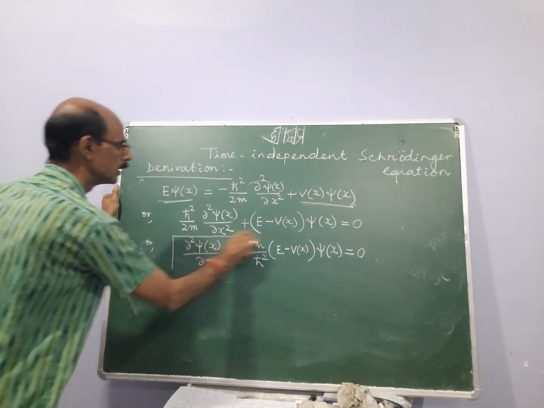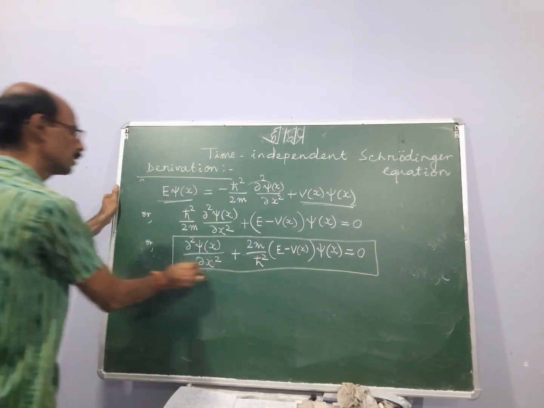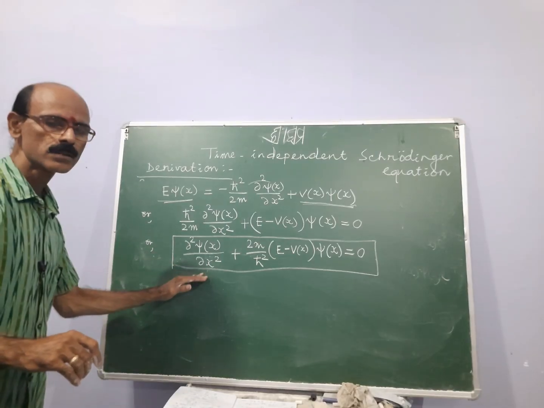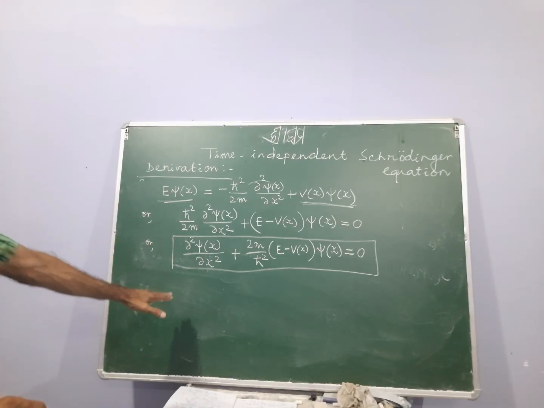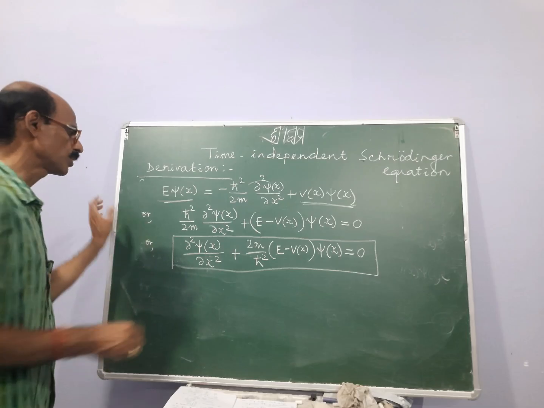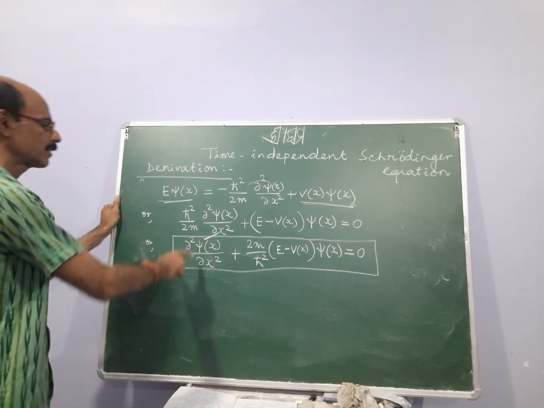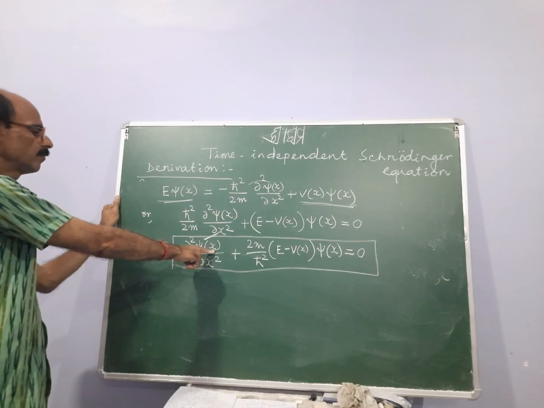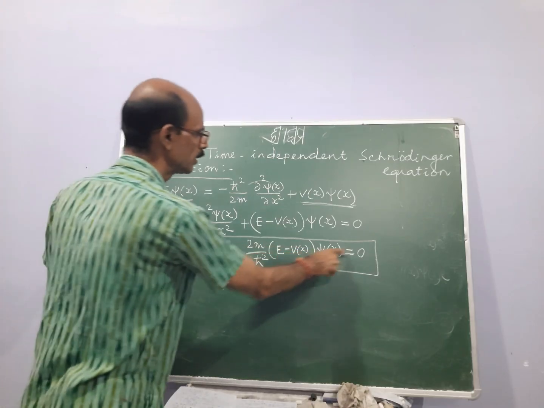And this equation is popularly known as the one-dimensional time-independent Schrodinger equation. You see here the psi that is involved is dependent on position only.